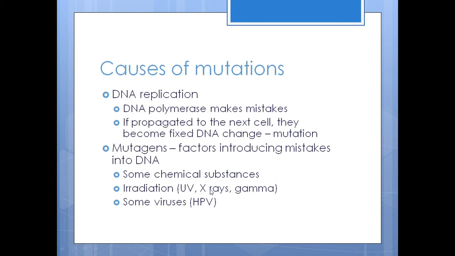And finally, there is a huge group of viruses causing mutations, like herpes virus, responsible for development of cervix cancer. Viruses incorporate their own DNA into the genome of a host, and by doing that, quite often they change the sequence of bases in such a way that may lead to mutations being preserved in DNA.